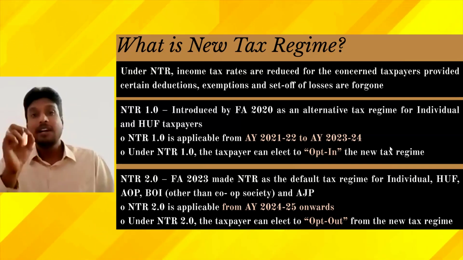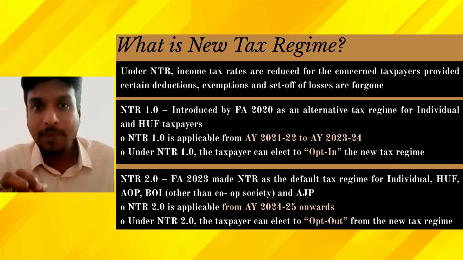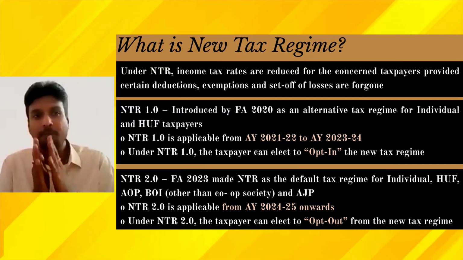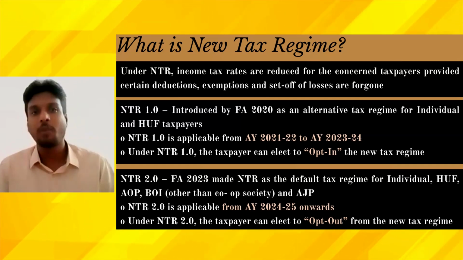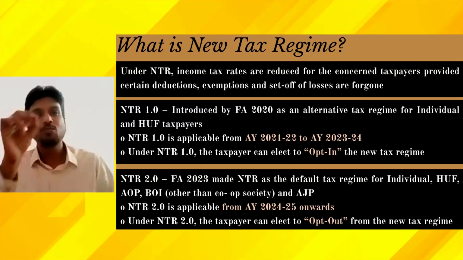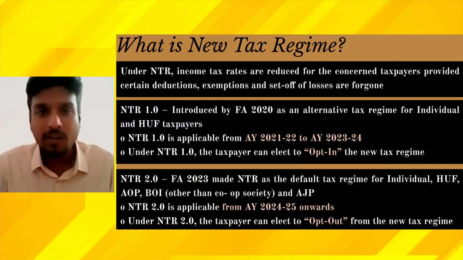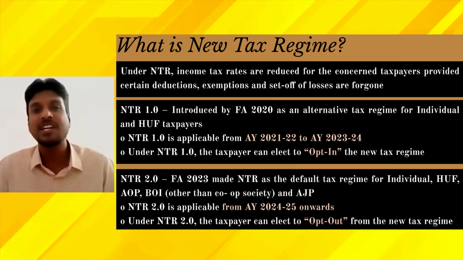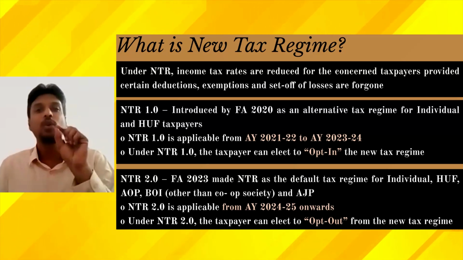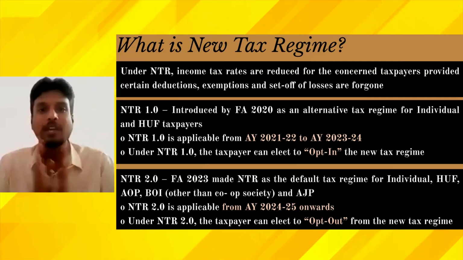Thereby, what we were studying till now was applicable to new tax regime 1.0. What will be applicable from now onwards, that is from the June 24 exam onwards, for students who are writing for financial year 23-24, that is assessment year 24-25, new tax regime 1.0 will not be applicable.